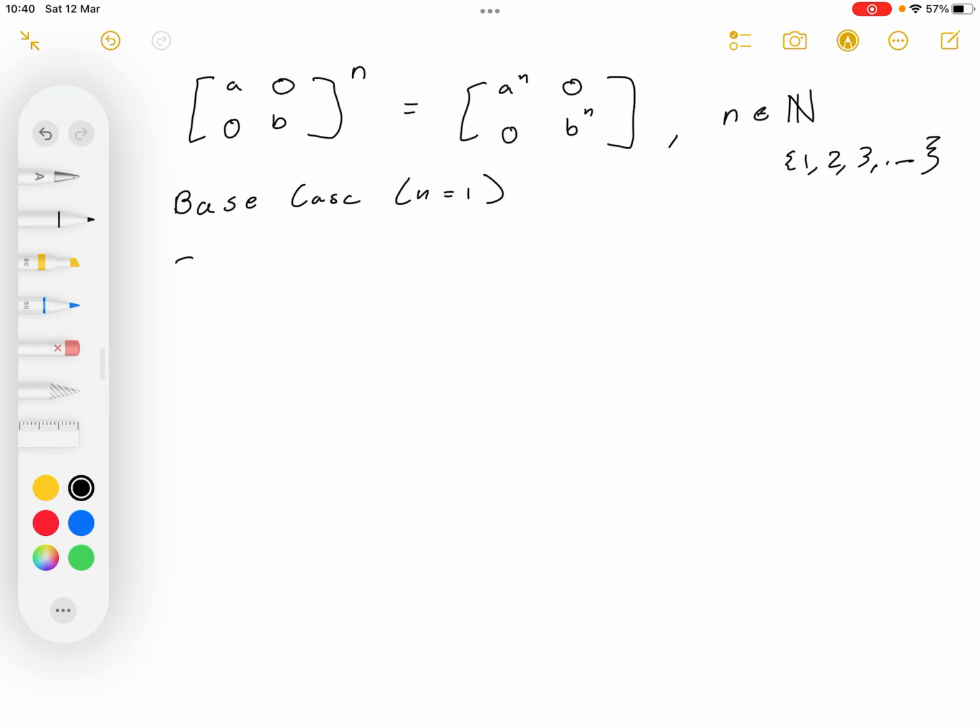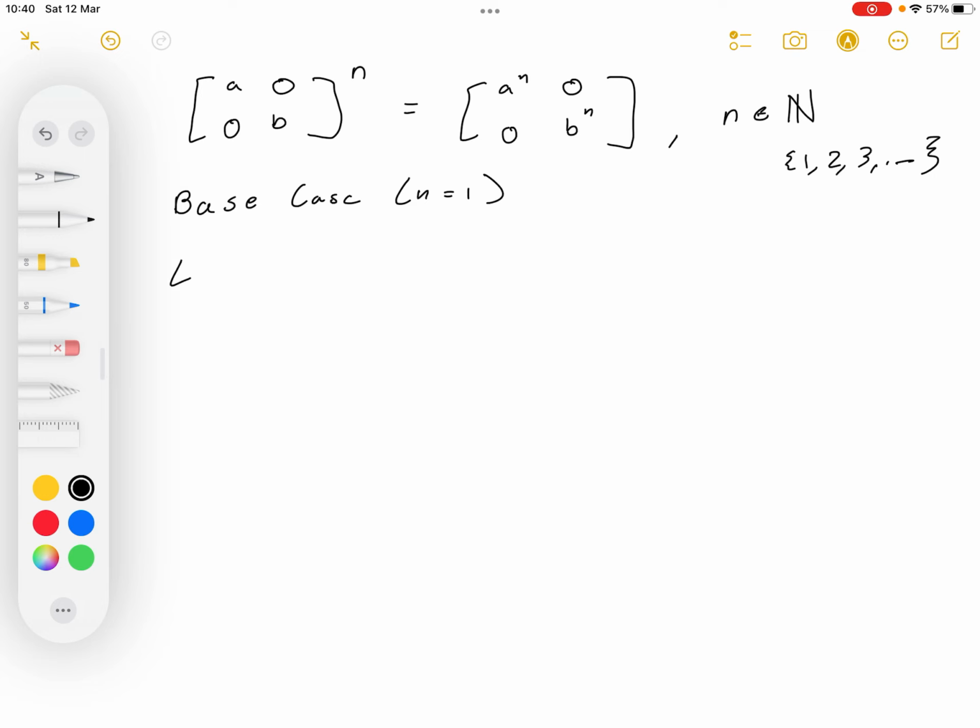That's as simple as saying (AB) to the power 1 is equal to AB, and you could put a little tick showing that's correct. In fact, this would not be okay. I just remembered, you would have to write it out properly.